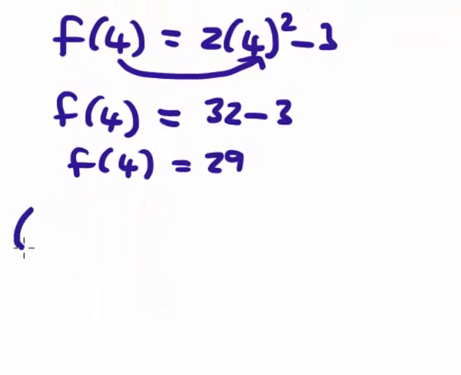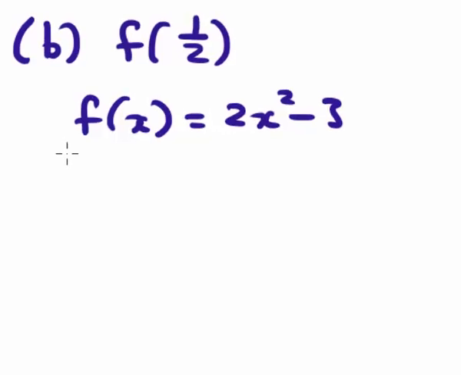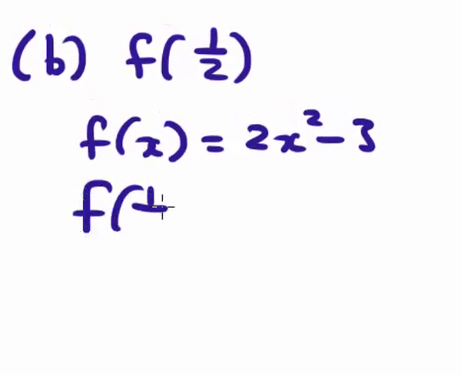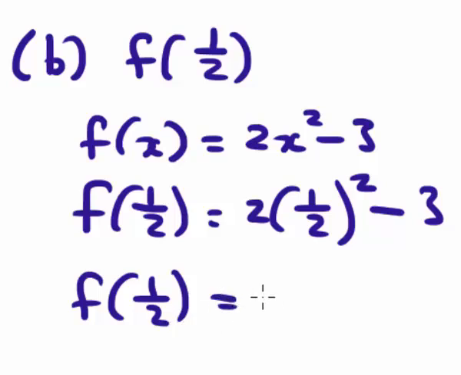Okay, and then b, what if your x value is a half? Well, we know that f of x is equal to 2x squared minus 3. So f of a half is going to be 2 times a half squared minus 3. So f of a half is equal to 2 times a quarter minus 3.